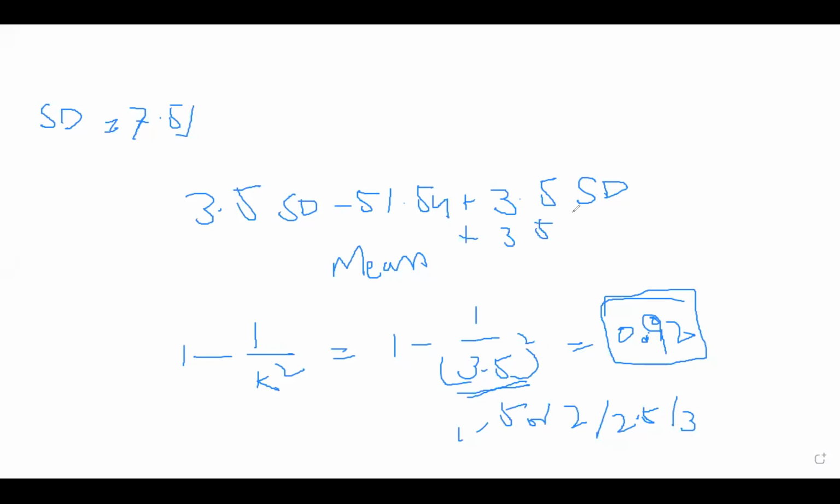We need to take a bracket over here because we are going to multiply it with 3.5. So 3.5 times the standard deviation of 7.5 would be 22.5. Let me take an eraser over here.